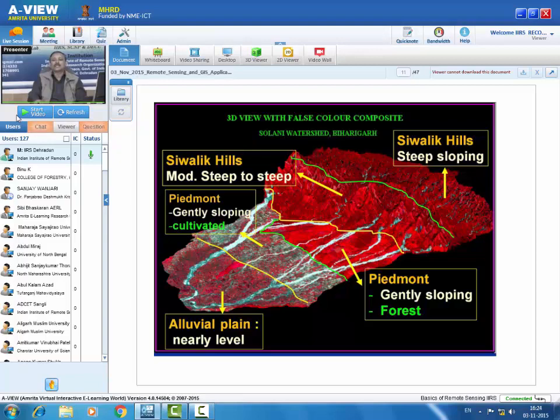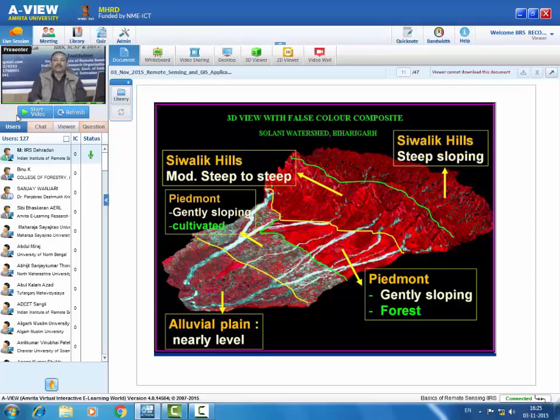So I can say that for the entire area the soil is only one type, and you can take a sample at any place, and that will represent the soils of this entire area. Similarly, this is the Shivalik hills, moderate slope with forest. Here you see this is the foothills, Piedmont plain, and here you can see the entire area is gently sloping, the slope is not changing, but this area is under cultivation, agriculture, and this area is under forest.